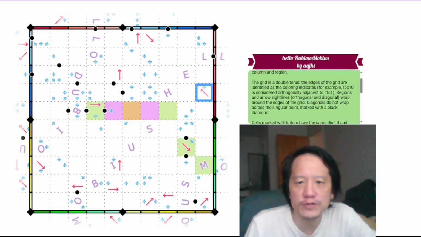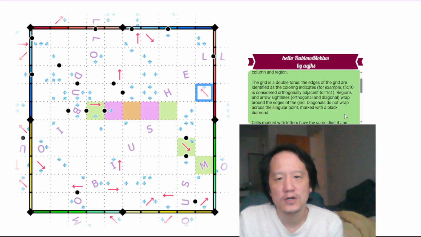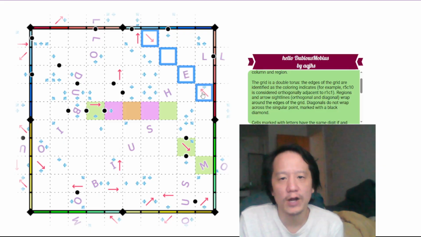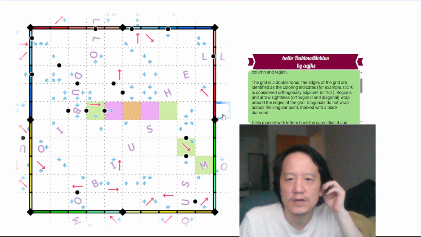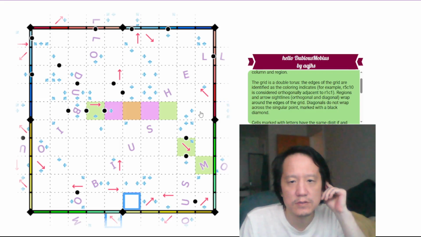So again, for the double torus, region and arrow sightlines wrap. I'm assuming it wraps that way then. Diagonals do not wrap across the singular point, marked with the black diamond.